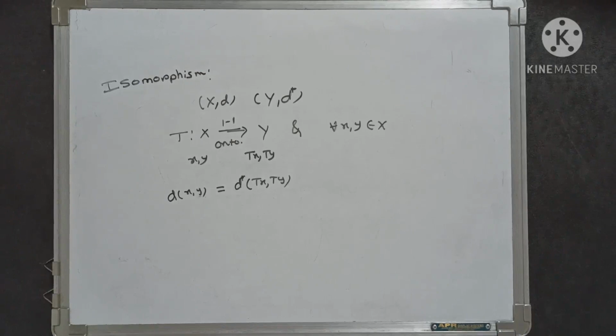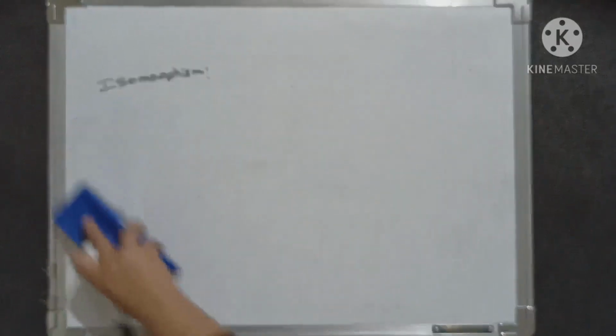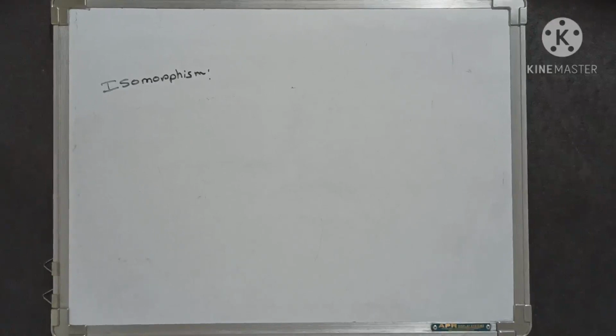Now after this isomorphism between two metric spaces, if we have two vector spaces, in a vector space we have addition and scalar multiplication.